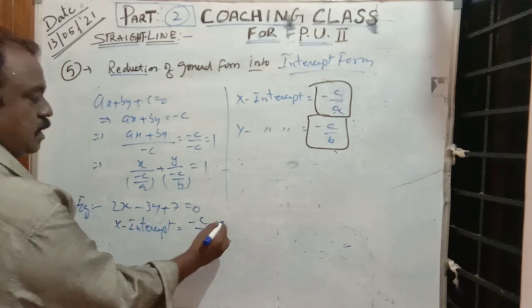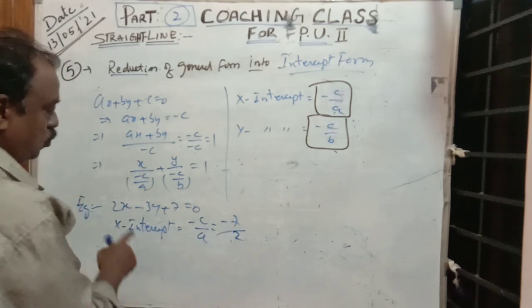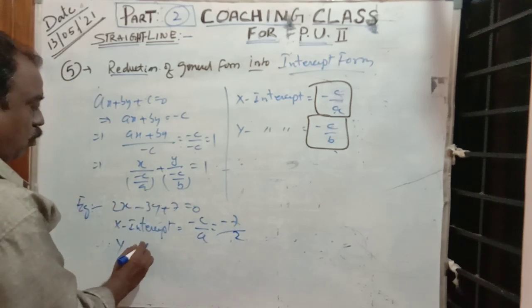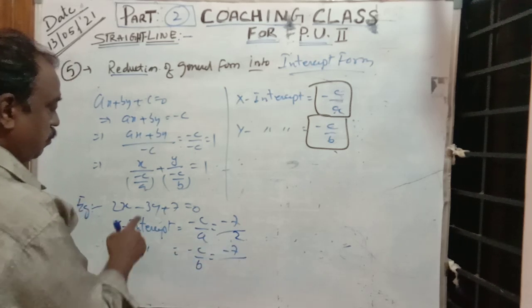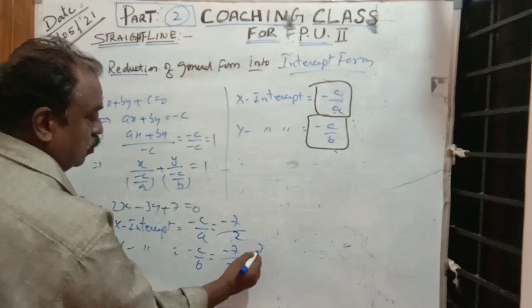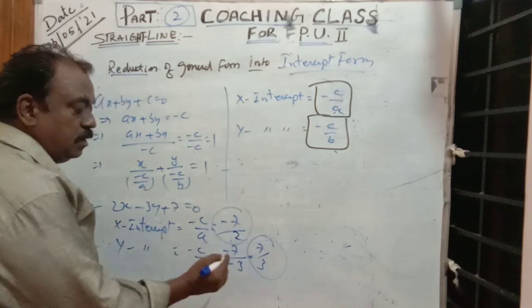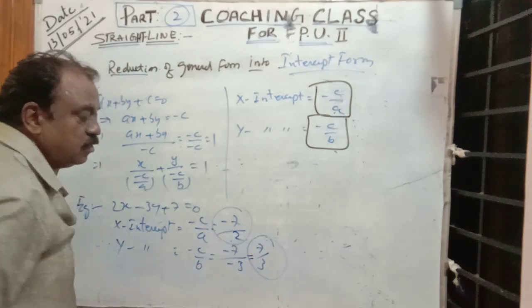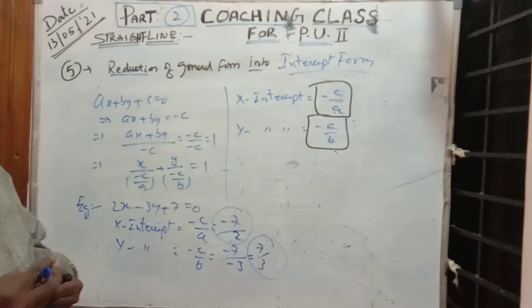What is minus c? Minus 7, by a is 2, so minus 7 by 2. Y-intercept is minus c by b, minus 7 by b is minus 3, so 7 by 3. Like that we can find the intercepts.